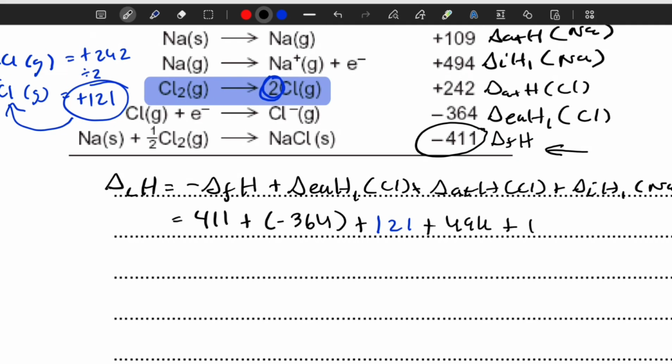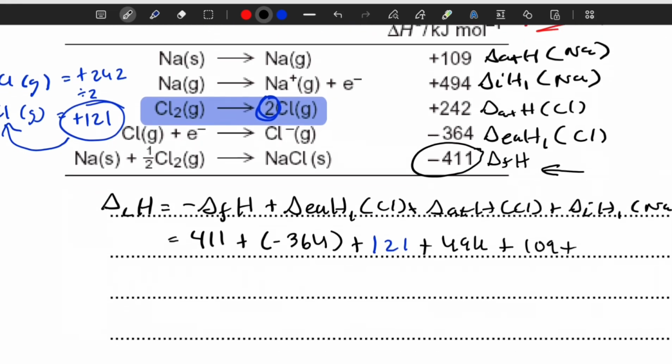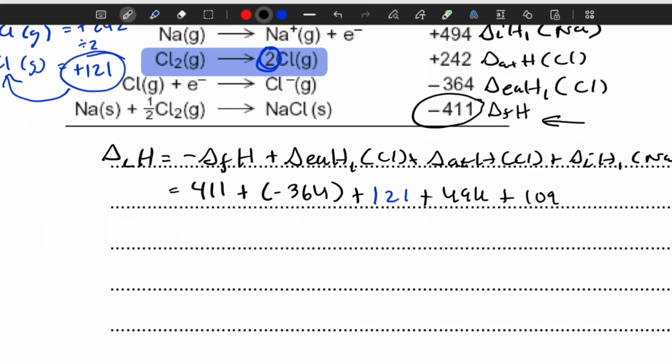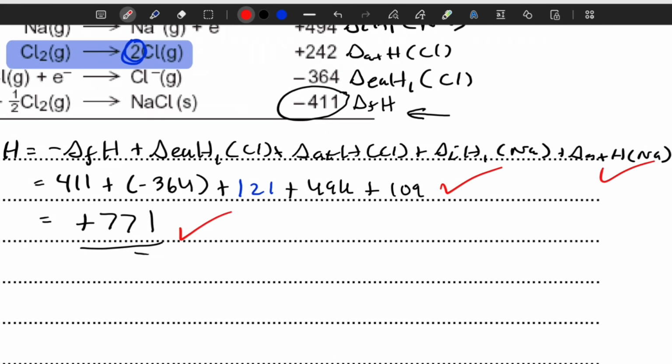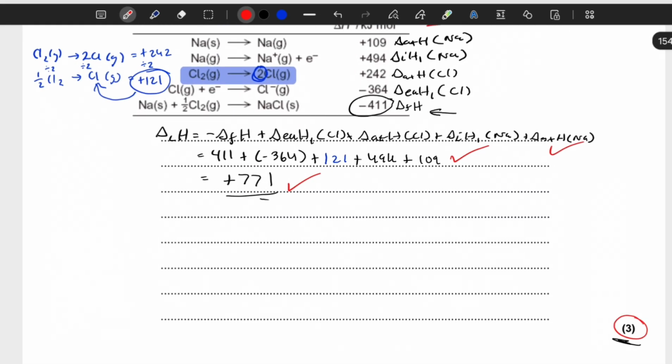Plus 484 plus 109. Okay, that's it. So then this would equal plus 771. Now you need to write the plus. So you're going to get a mark for the answer, a mark for your calculation, and a mark for your formula. And that is your 3 marks.